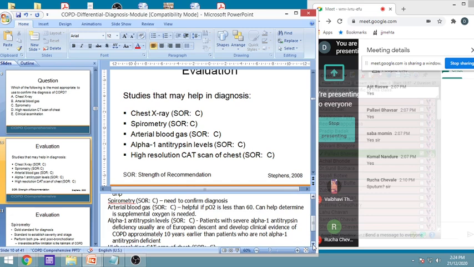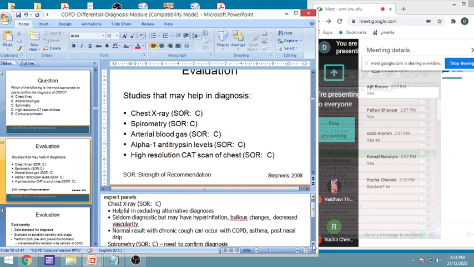So this is again important, patients who have severe alpha 1 antitrypsin deficiency are of European origin, and they develop clinical evidence of COPD 10 years earlier than patients who are not alpha 1 antitrypsin deficient. So these people have more chances of COPD.